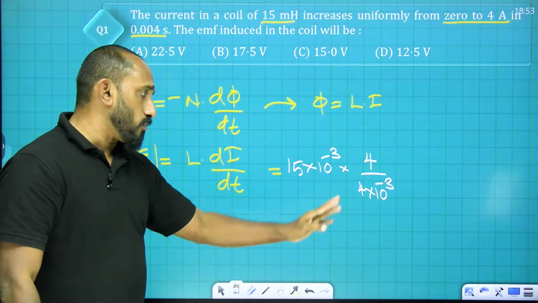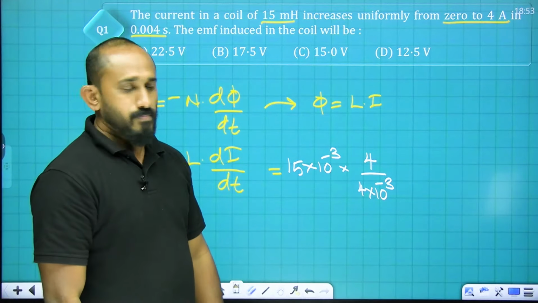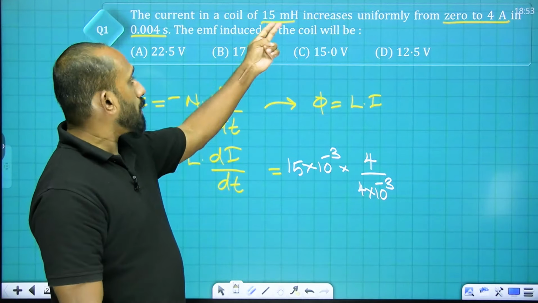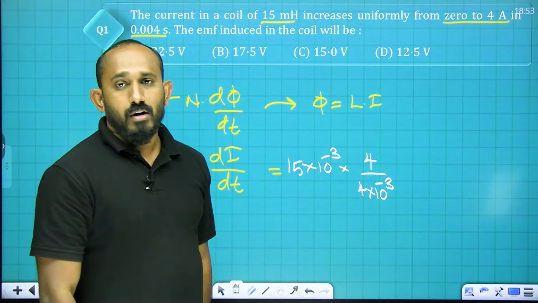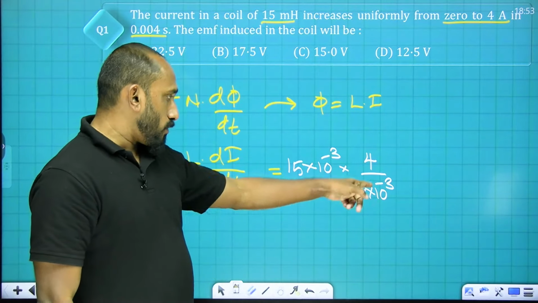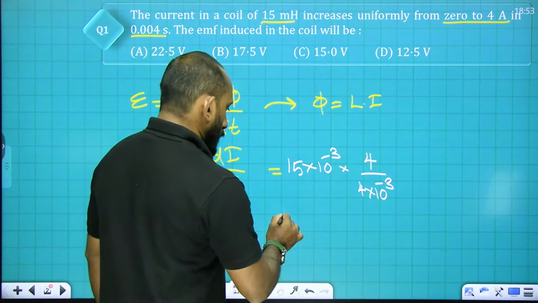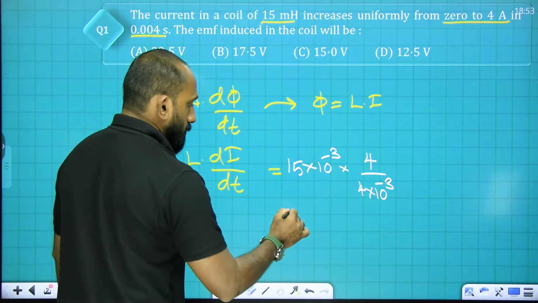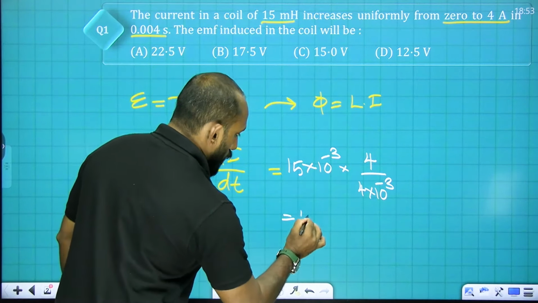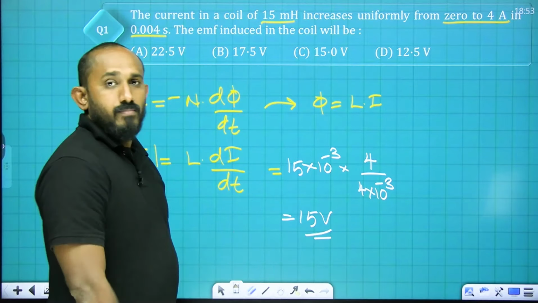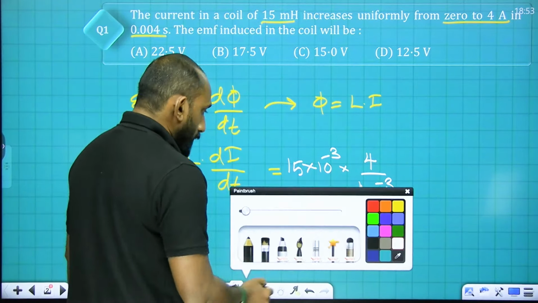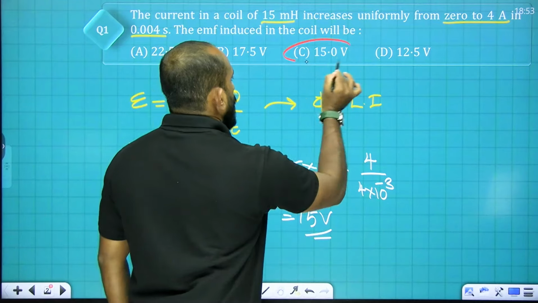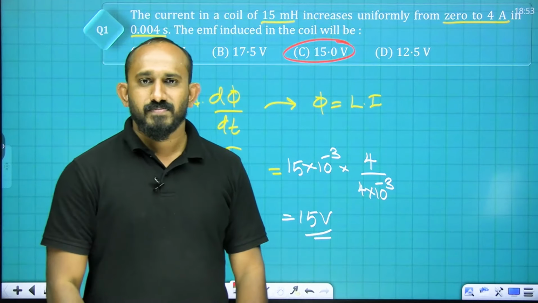The 4 and 4 cancel, 10 raised to minus 3 goes up, plus 3 cancels, so it is 15 volts. Answer option is C, so C is the correct answer.